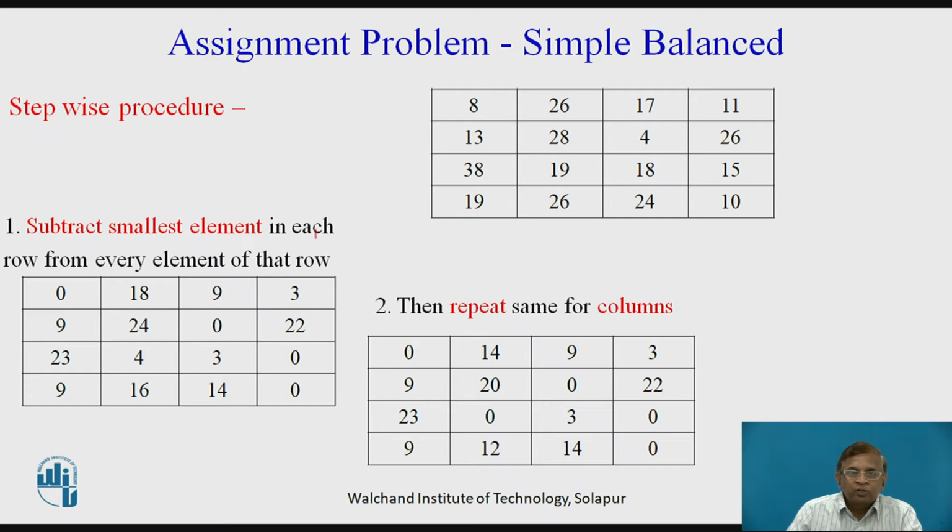Means, now the first row on the top side, if you just see, the minimum element is 8. Now, this minimum element 8 we have to subtract from all the elements in that row only. So, 8 minus 8 you get 0 here, then 26 minus 8 you get 18 here.